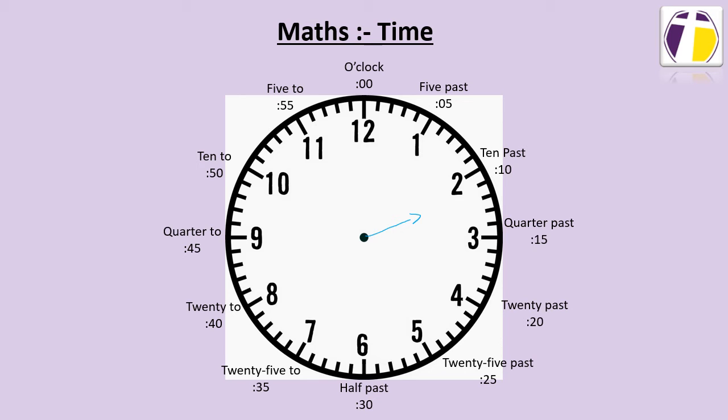This time, if I change my minute hand so instead it is pointing to the 8, this tells me it is 22 minutes to the next hour, and the next hour is 3 o'clock. So my time now is 20 to 3.